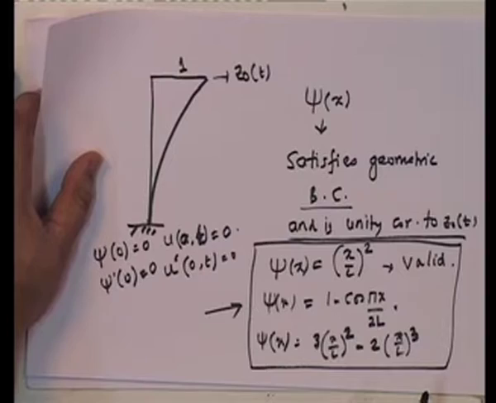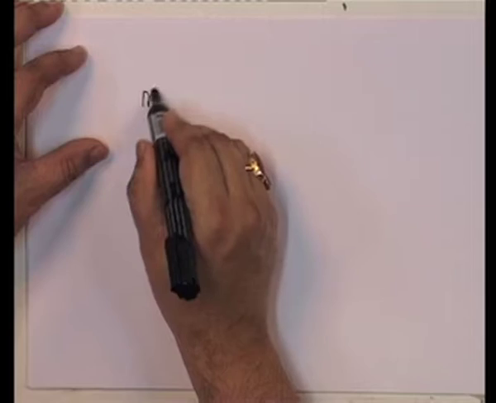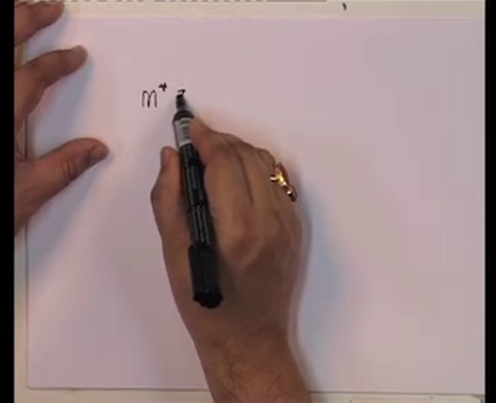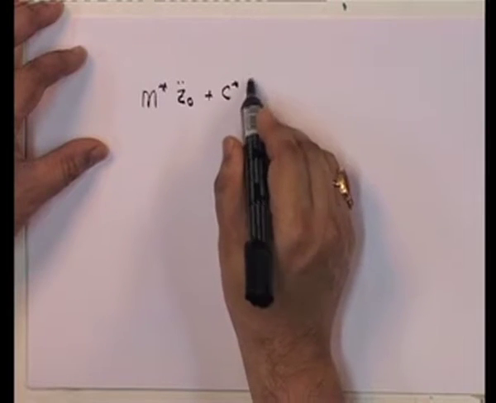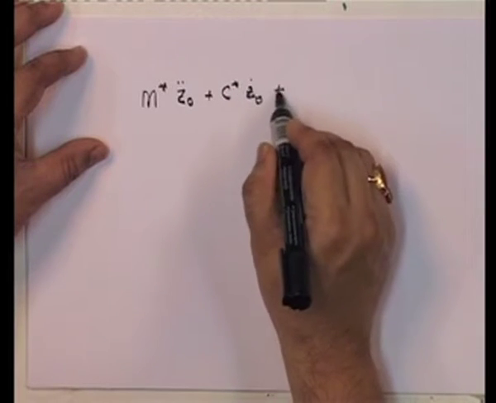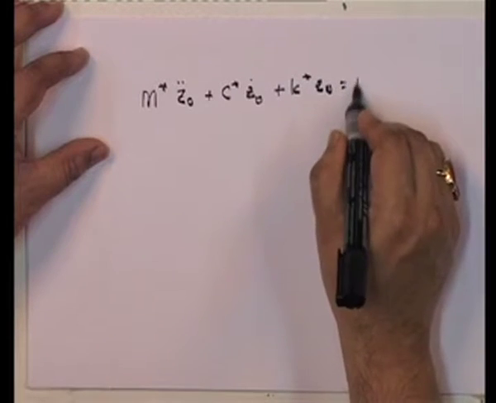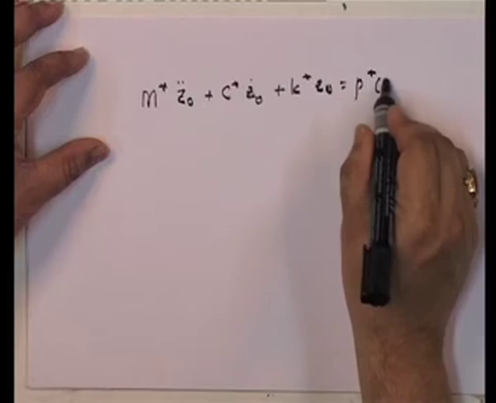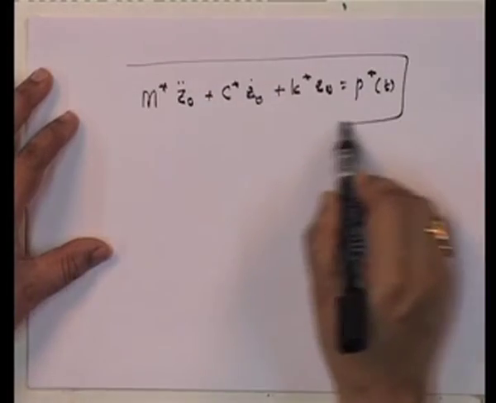Now, the question is that, okay, so if Z0 t is the degree of freedom, then obviously my equation has to be of this form: m star Z0 double dot t plus c star Z0 dot t plus k star Z0 is equal to p star t. And this is the equation that we have to get.